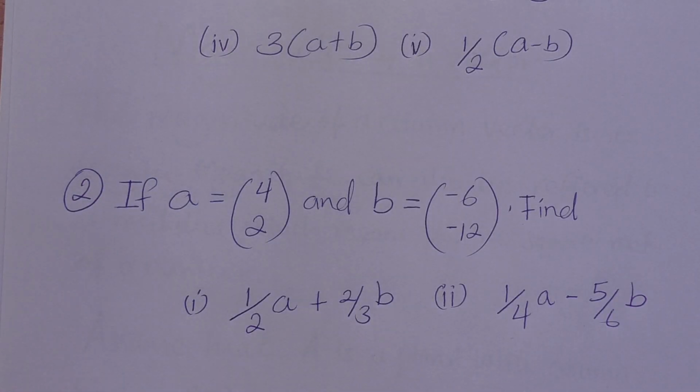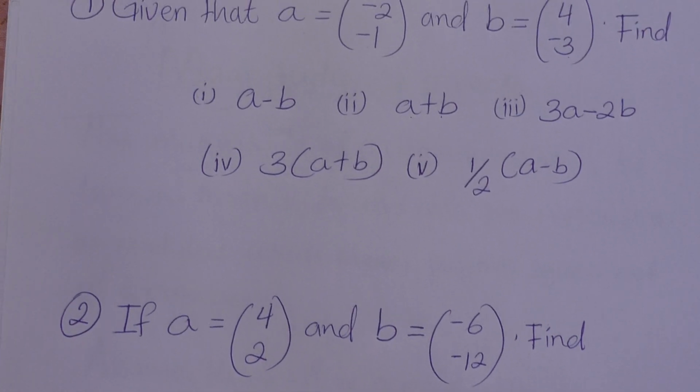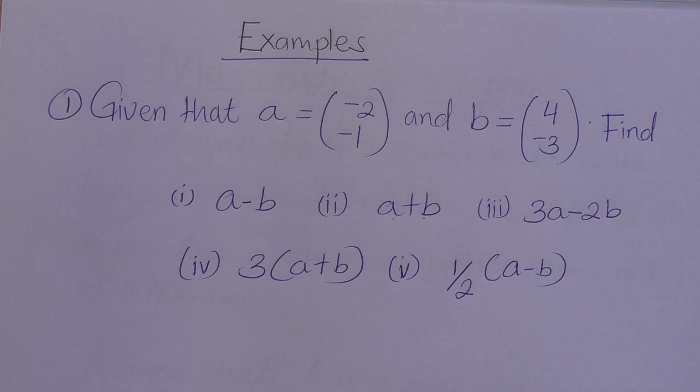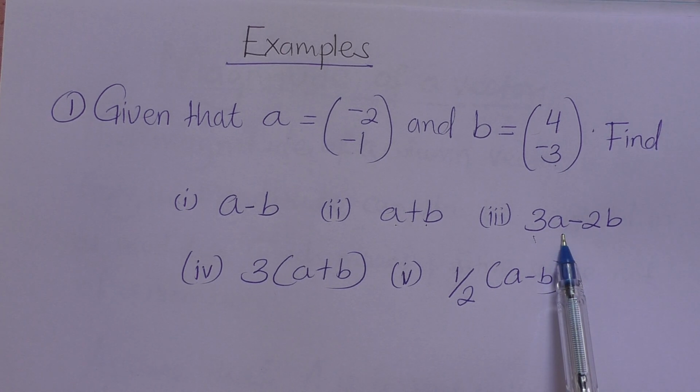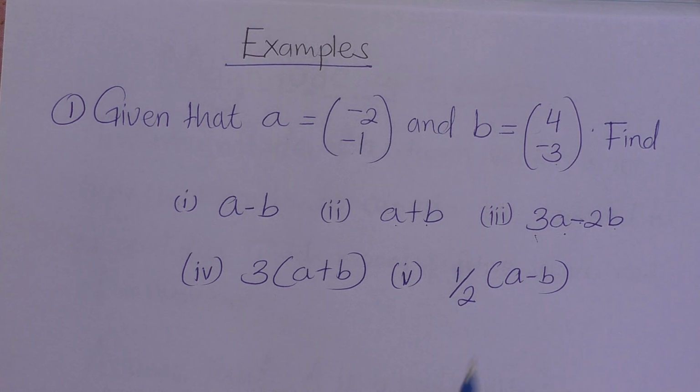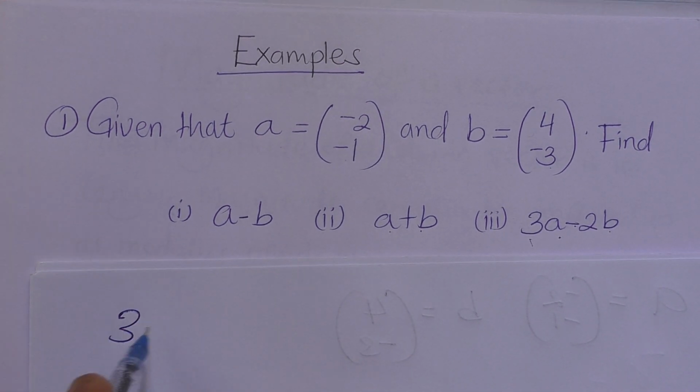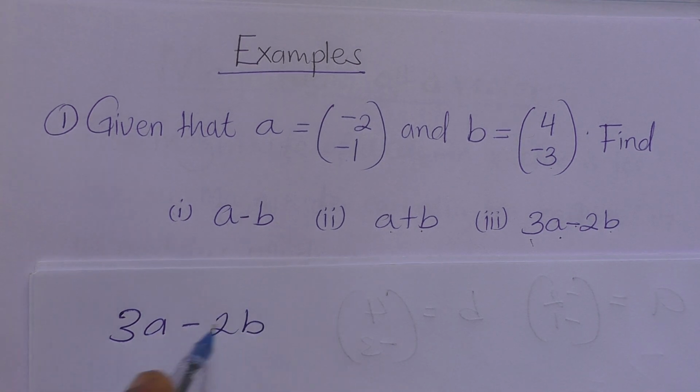Then we also have another part. Let us look at part C. Part C of our first example is asking for 3a minus 2b. So let us do that. 3a minus 2b.